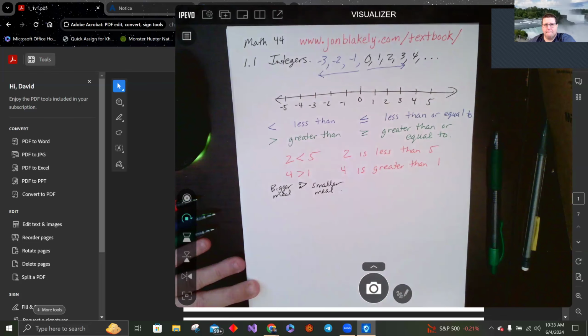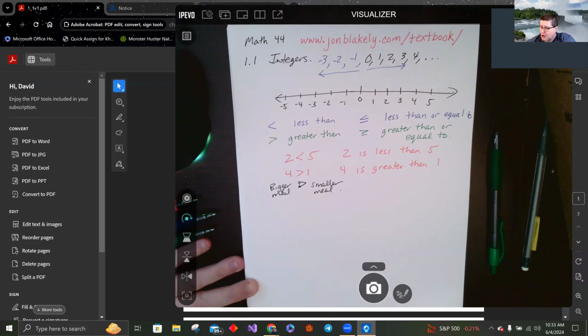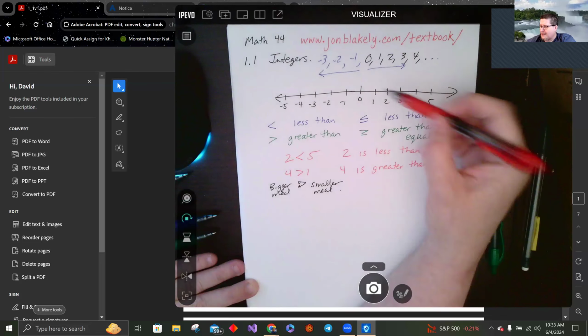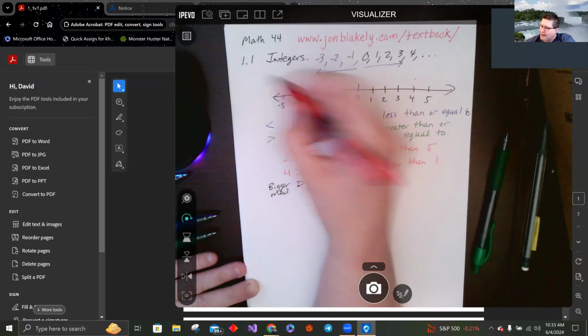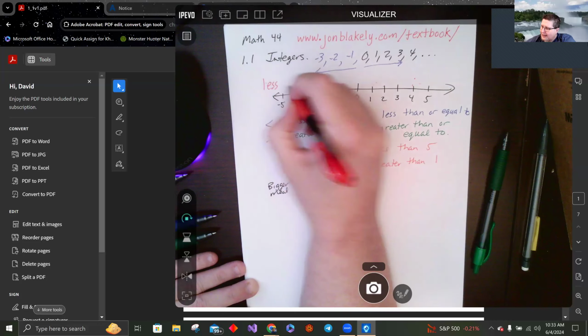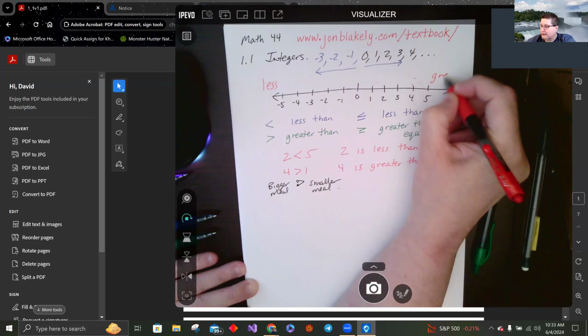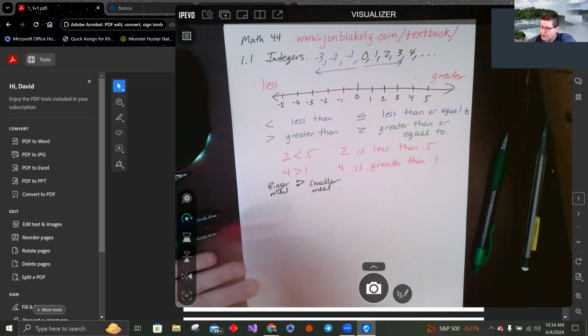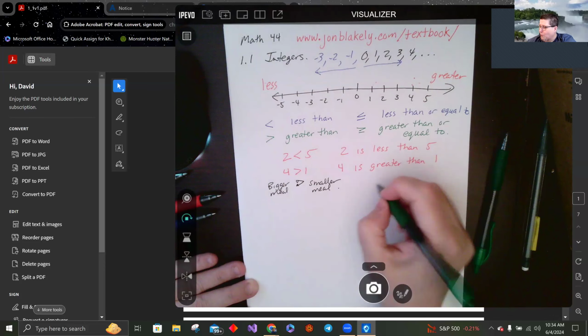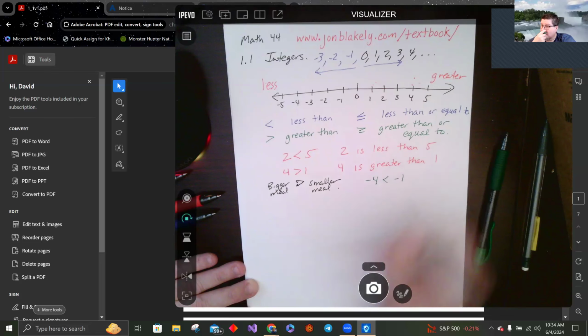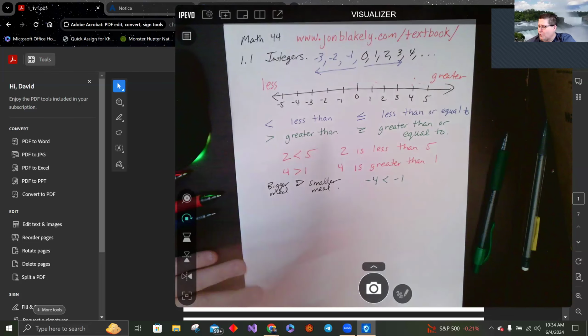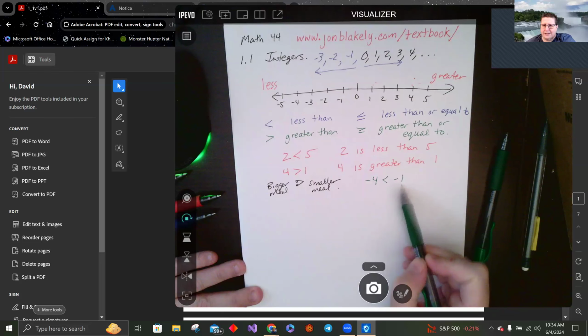Okay. So on the number line, we can see 4 is greater than 1, or 1 is less than 4. Numbers to the left are less, and numbers to the right are greater. So we'd also have -4 is less than -1. Even though the whole number portion looks bigger, the negative sign makes it go the other way.